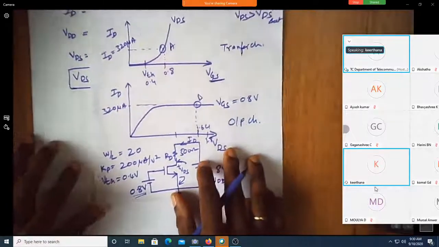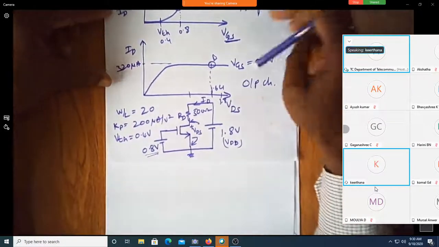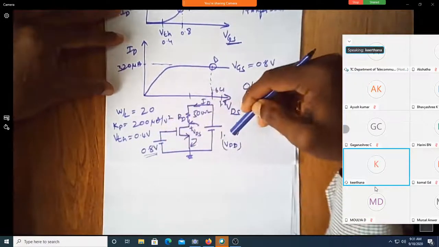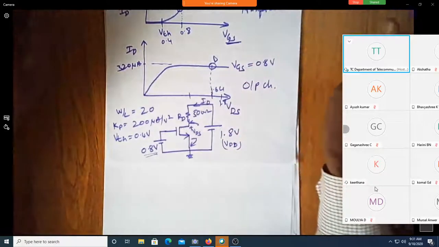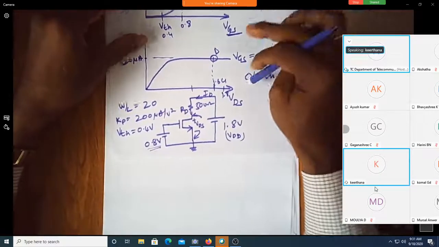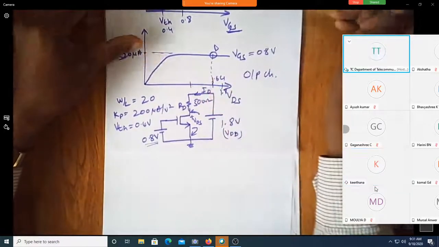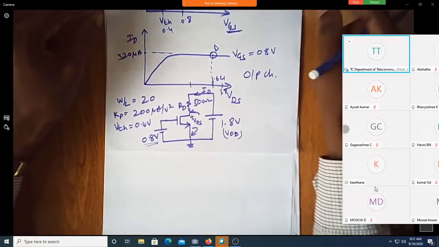Now they are all DC voltages. Am I correct? This is 0.8 DC. This is 1.8 DC. You have a 500 ohm resistance, and you have the MOSFET. Now I want to use this as an amplifier, meaning I need to apply a small signal now.